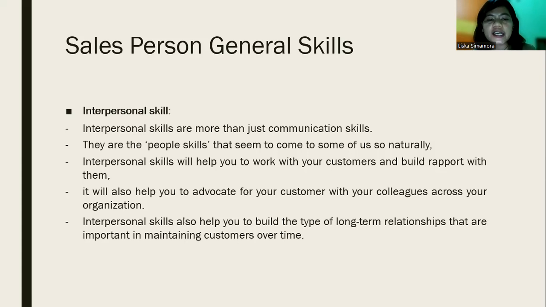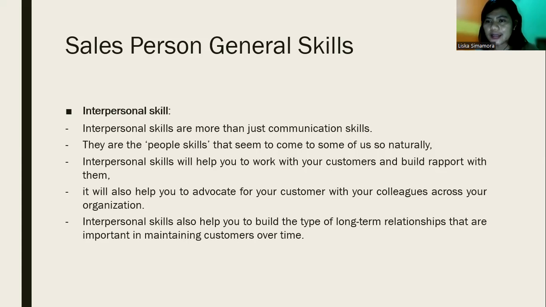Interpersonal skill will help you to work with your customer and build rapport with them. Because interpersonal skill is about how you build communication with other people, how you interact with them.